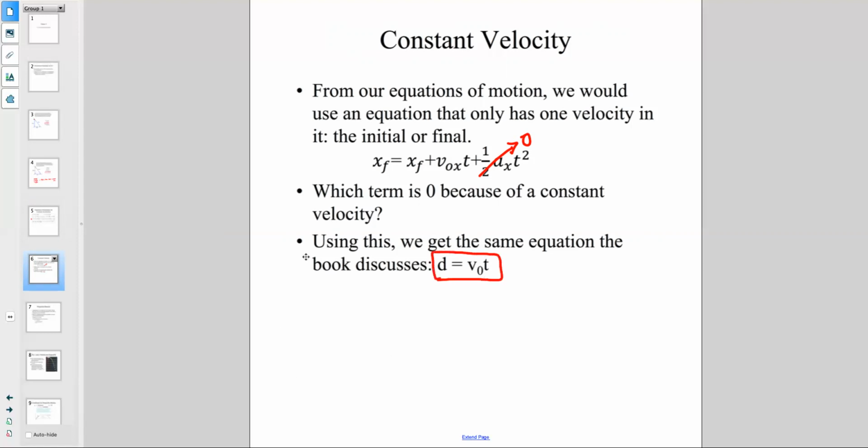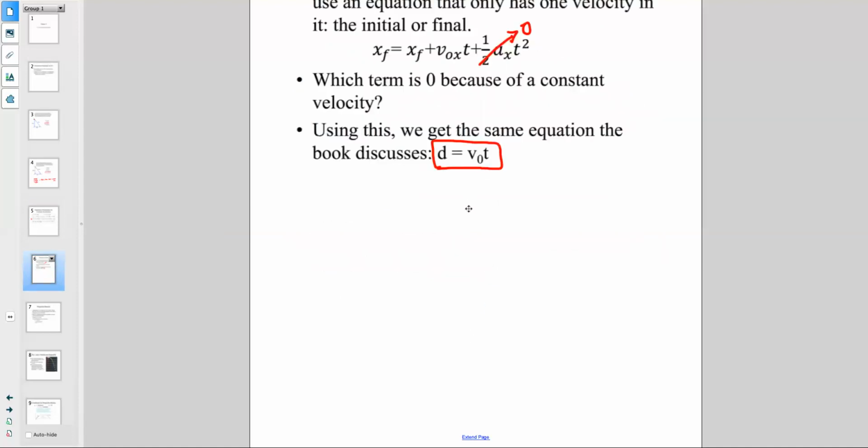Remember that we had two types of motion: with constant v and constant a.